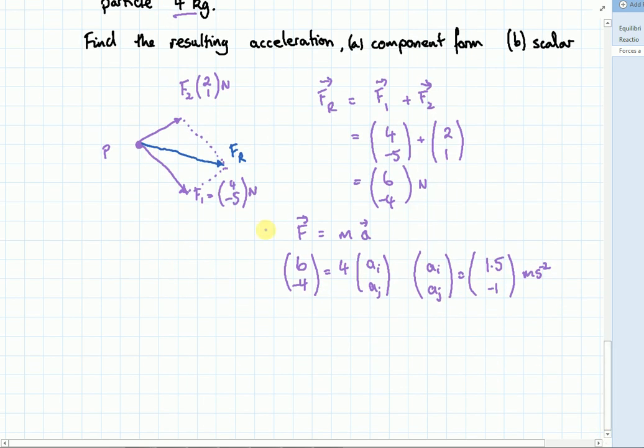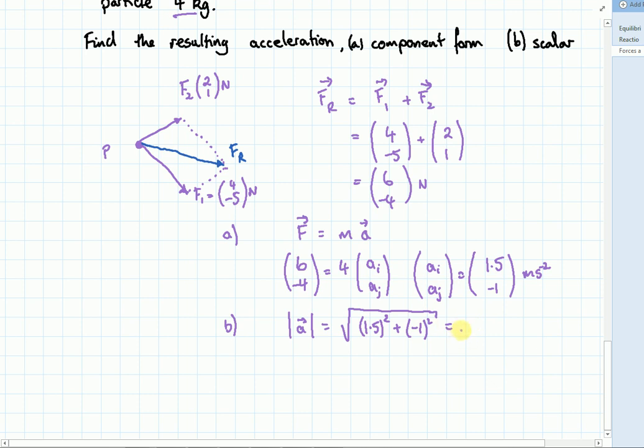That's part A. Part B is the scalar for the vector a. So that's do Pythagoras' theorem. 1.5 squared plus minus 1 all squared gives me a result.